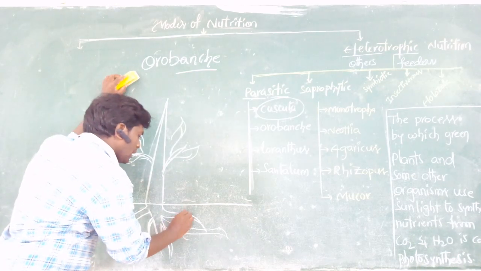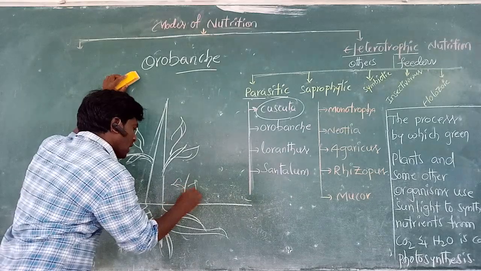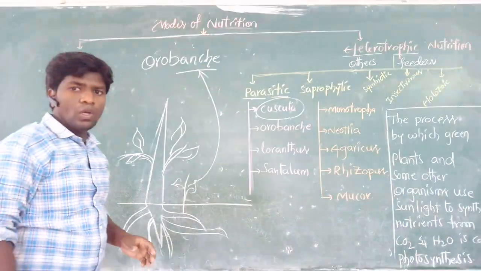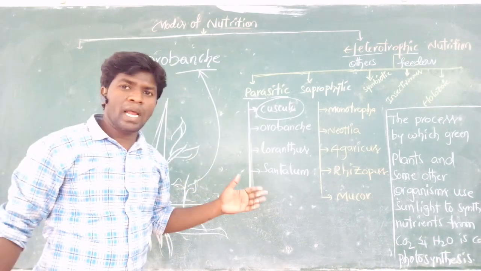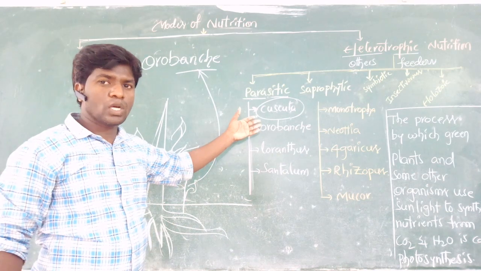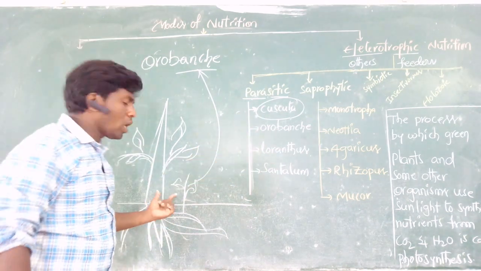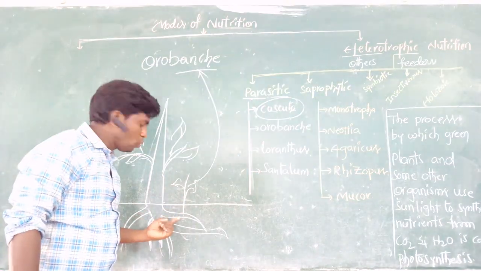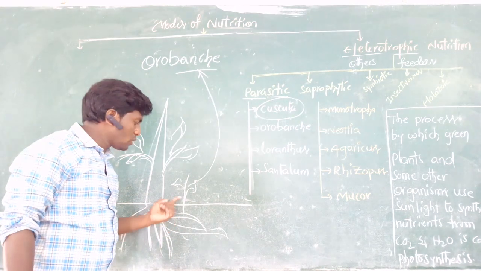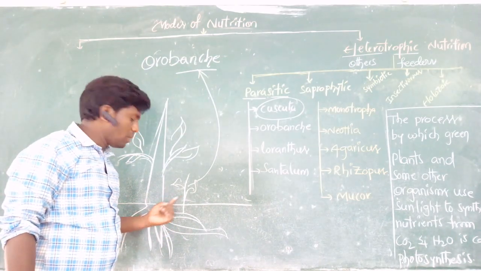So on this plant, some plants will come. These are the Orobanche. The Cuscuta is growing on other plants' stems, but Orobanche is growing on other plants' roots. So from these roots, this Orobanche is absorbing the nutrients from this plant.